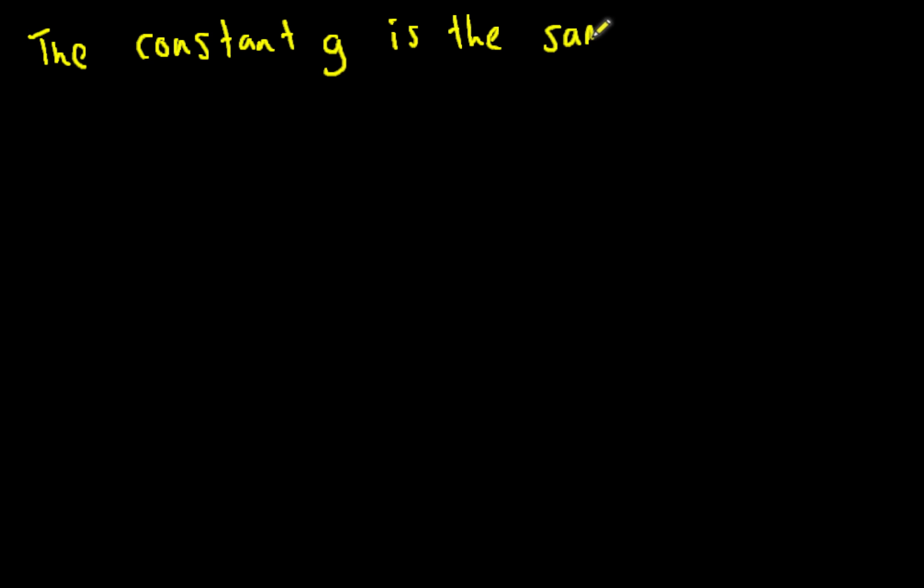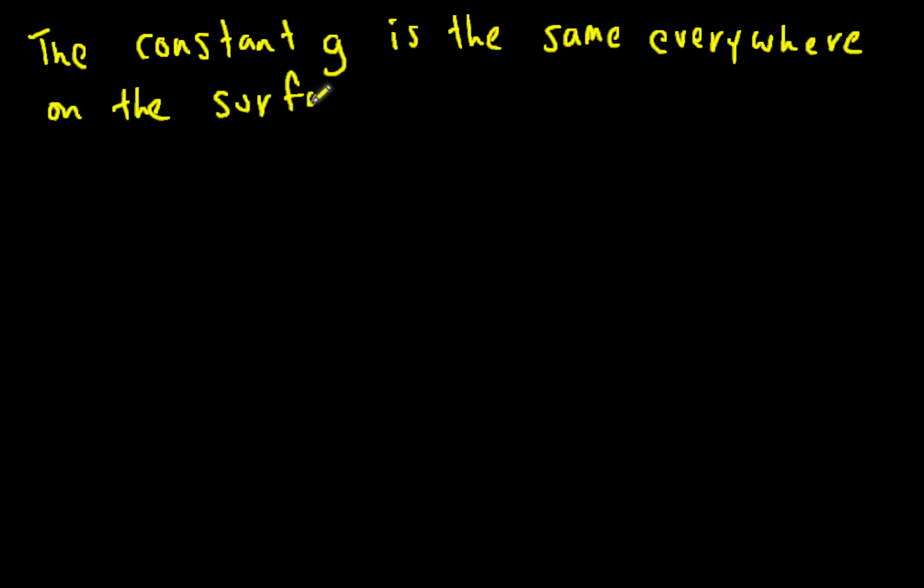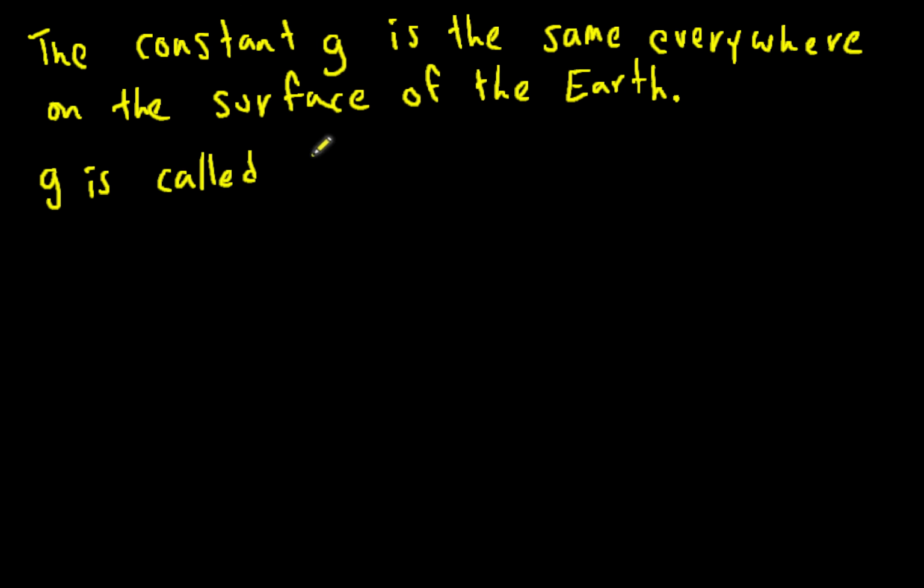The constant g is the same everywhere on the surface of the Earth. It's even the same near the surface of the Earth because a small distance is pretty tiny in comparison to the radius of the Earth. g is called the gravitational field strength of the Earth.